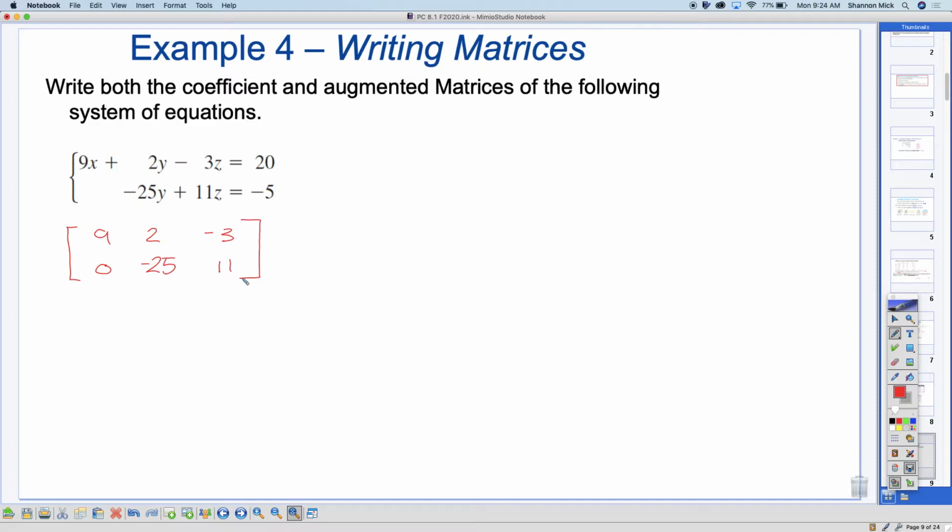What matrix did I just write? The coefficient one. And then to augment it, I do exactly the same thing, and add my solutions. That looks like an S.